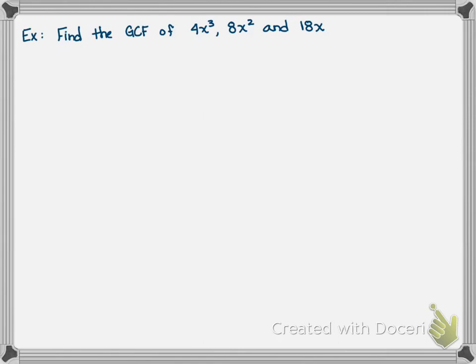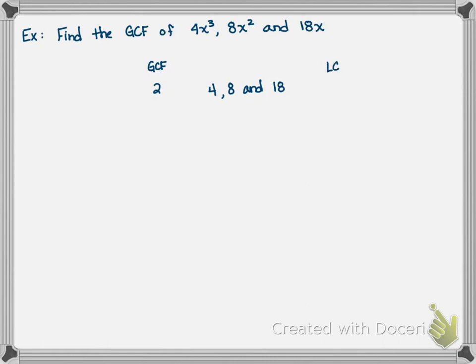What goes into all three of them? 2. So it's easy to get the greatest common factor and the least common multiple mixed up. So the least common multiple is the smallest thing that they all go into. And then the GCF is the biggest thing that goes into all of them. So if I look at 4, 8, and 18, the GCF is 2, because 2 goes into 4, it goes into 8, and it goes into 18.